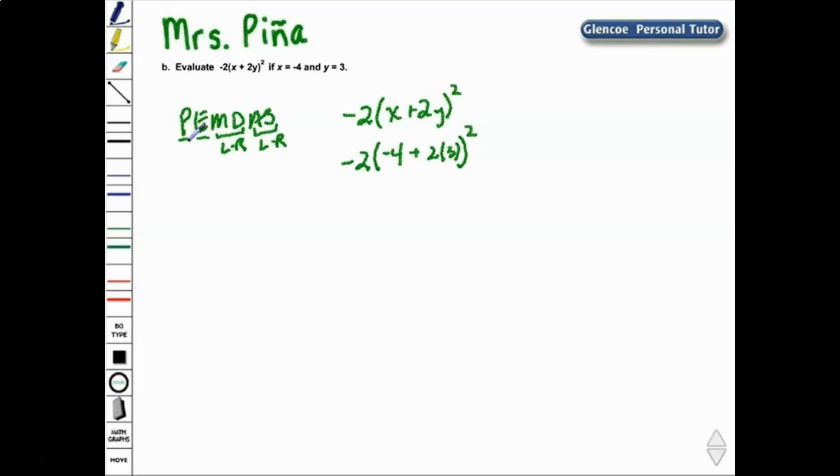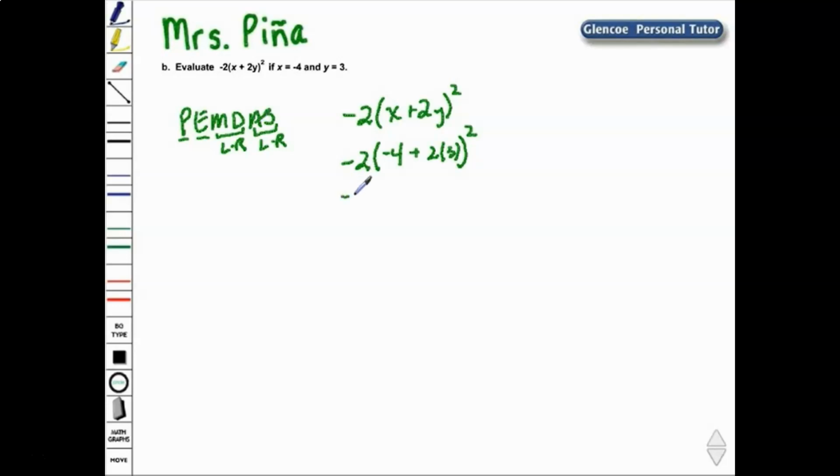Now I need to simplify inside the parentheses first, and I'm going to follow order of operations within the parentheses. You can't take -4 plus 2 and get -2 and then multiply that by 3. Inside the parentheses, you have to follow order of operations also. So 2 times 3, because it's multiplication, must be done before the addition.